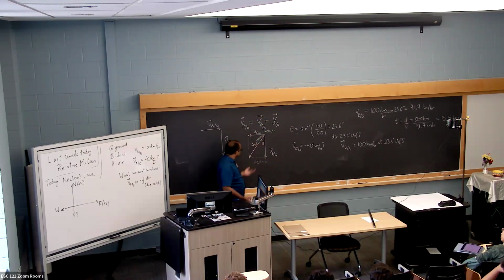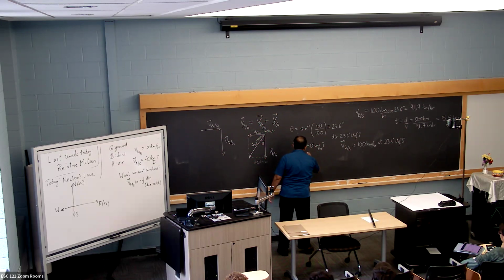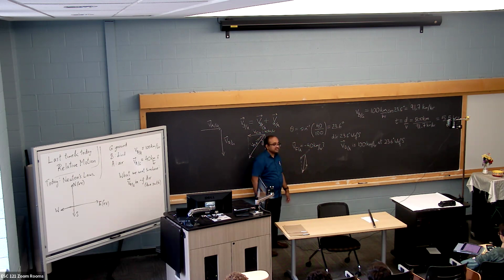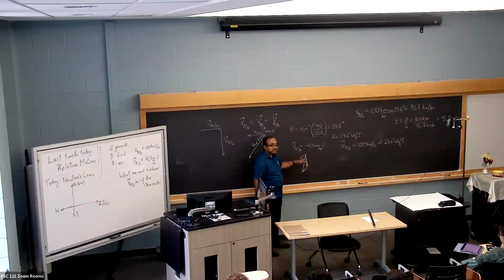But in general, if the bird was trying to head this way, but the wind was blowing at this angle, you would have to add that vector and end up with a different triangle, which would no longer be a right triangle. But as long as you had enough direction and magnitude information, you would be able to figure out the components and the relevant angles. And you will see a problem like that in your homework.